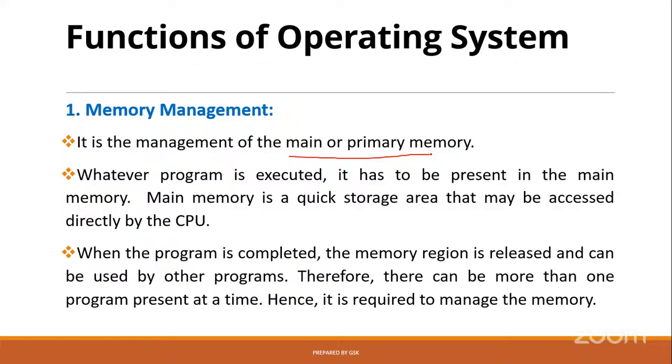So deallocating the memory for the executed programs is also a responsibility of the operating system as part of memory management. So like that, in summary, allocate the memory for the programs or processes and deallocate the memory. These are responsibilities of the operating system.